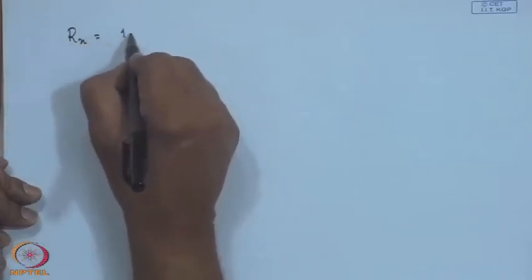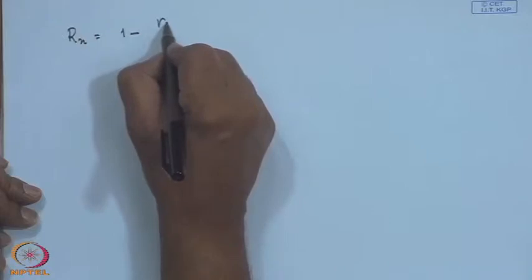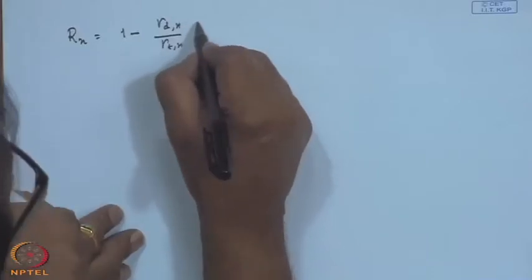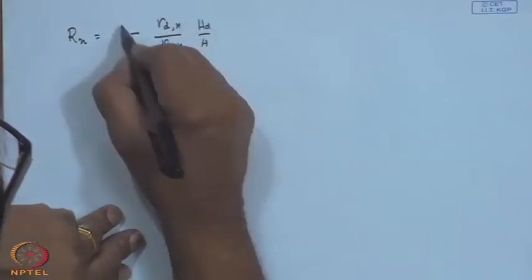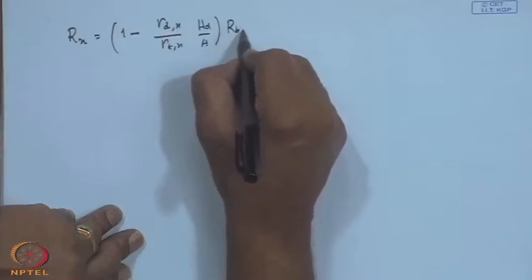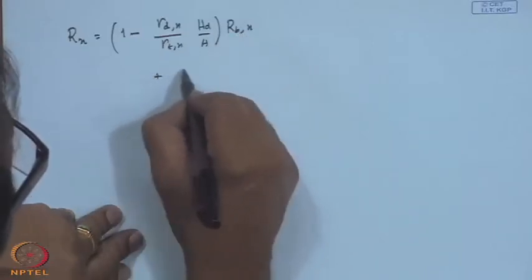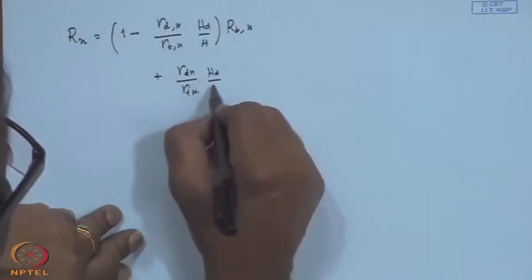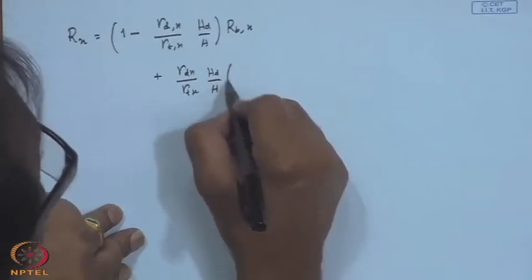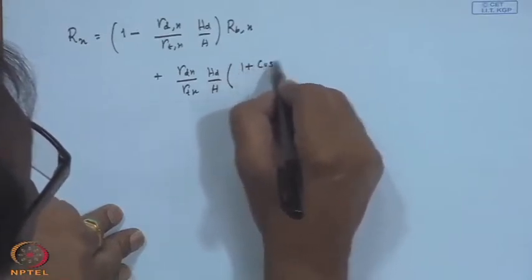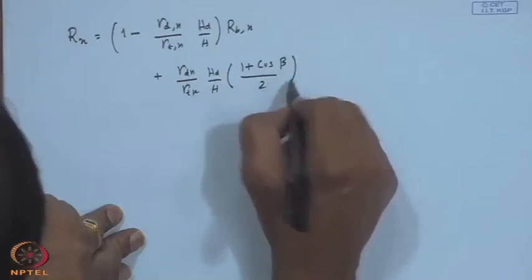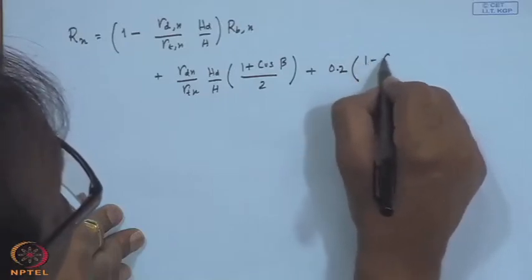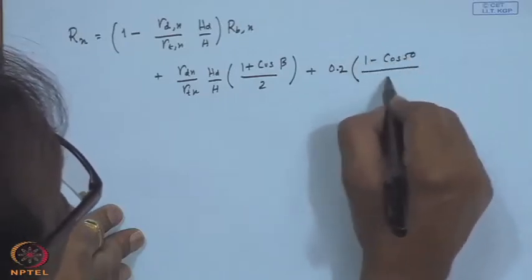If in the formula 1 minus RDn by RTn times Hd by H times Rb noon plus RDn by RTn Hd by H times 1 plus cos beta by 2 plus 0.2 times 1 minus cos 50 by 2.